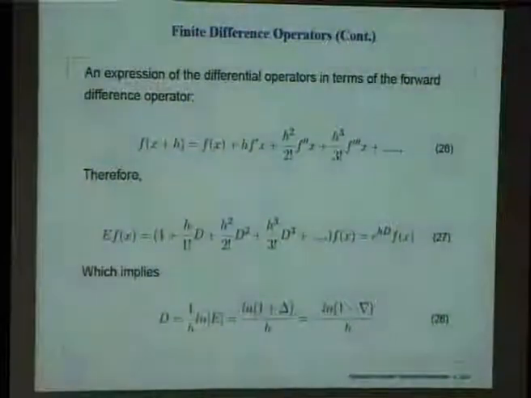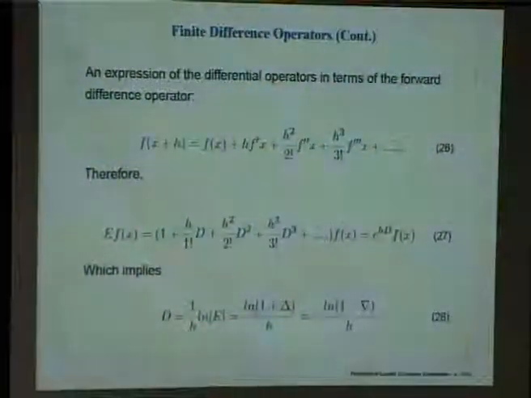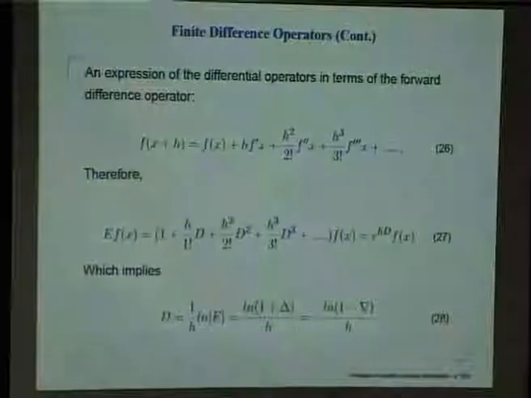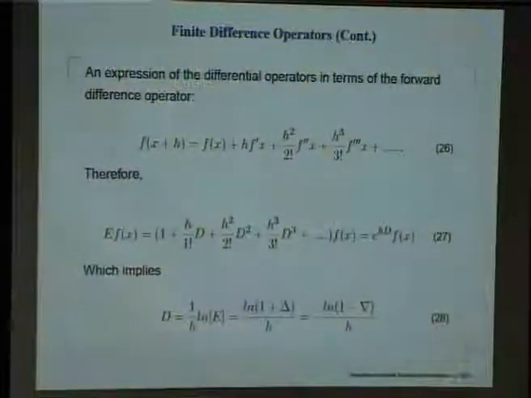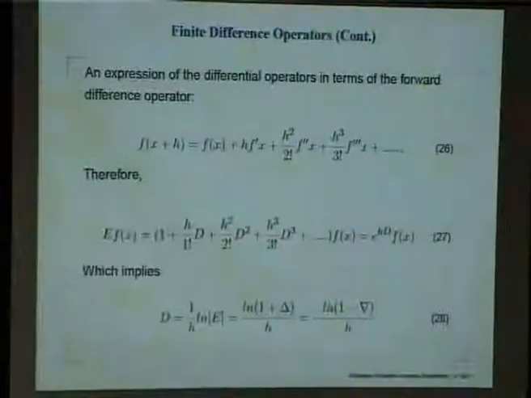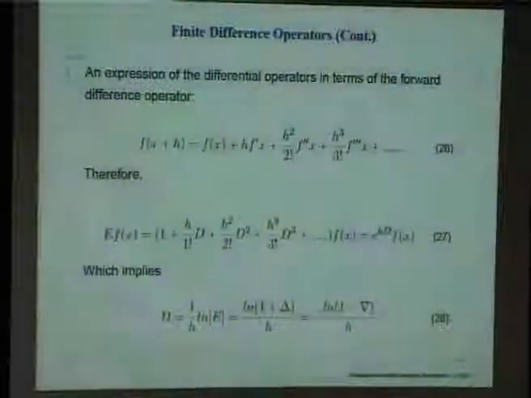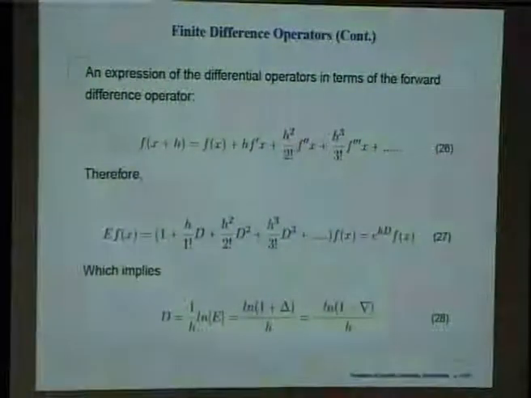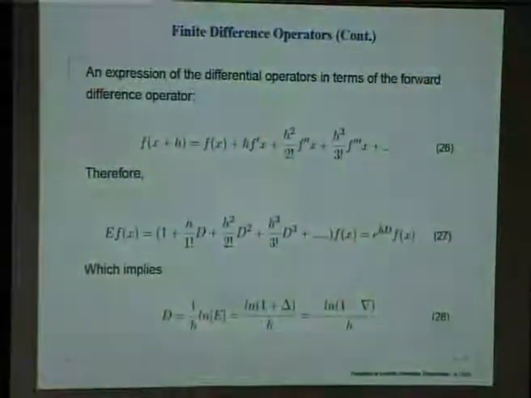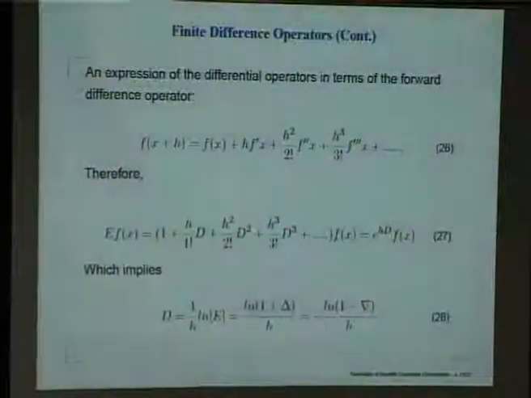For example, if I write a Taylor series of a function f of x about its neighbor x plus h, then of course, you write this in terms of the Taylor series, and you note this f prime of x, well, this all should have been within parenthesis, they actually refer to D of f, right.